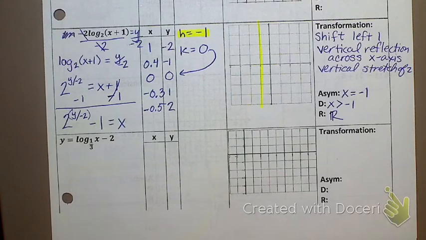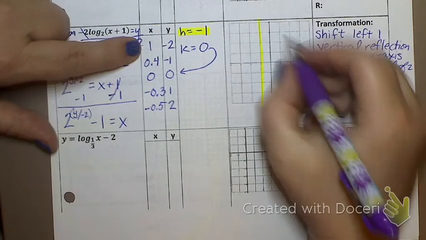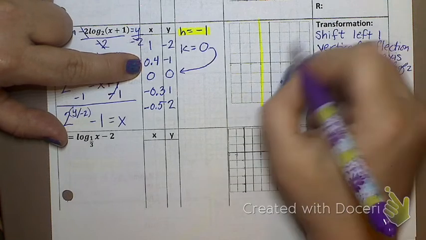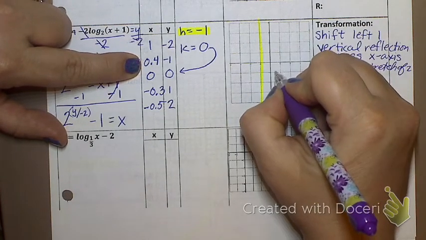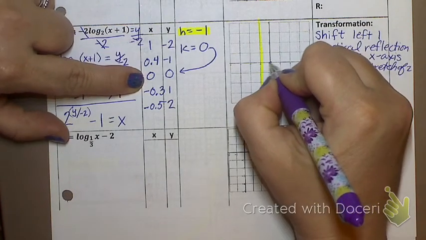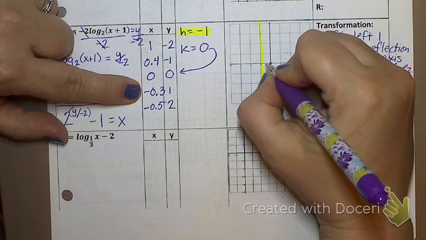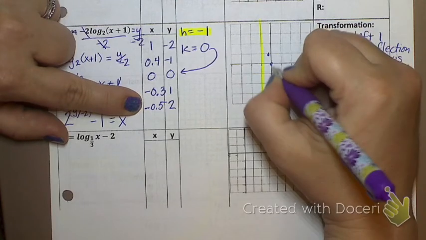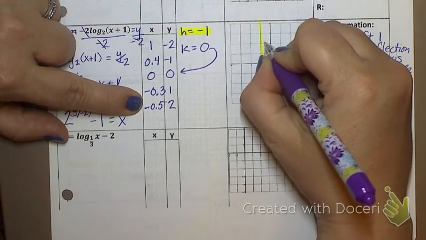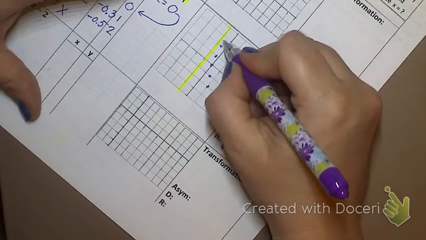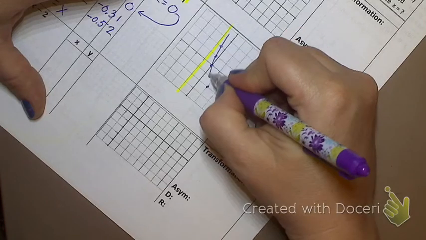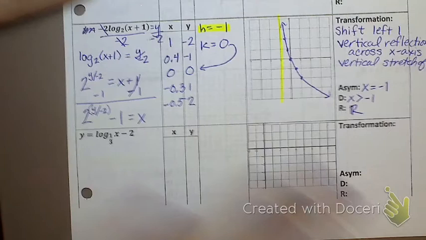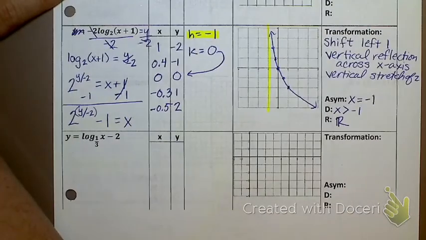So as soon as I plot my points, I'm done. 1, negative 2, 0.4, negative 1, 0, 0, negative 0.3, 1, and negative 0.5, 2. So this one is a more gradual curve, but it will continue going out there. And that's what we've got.